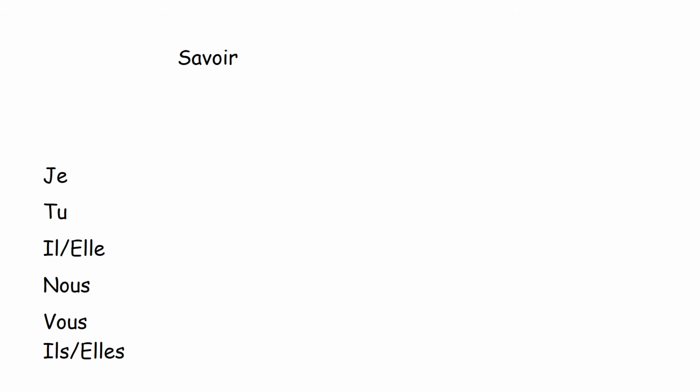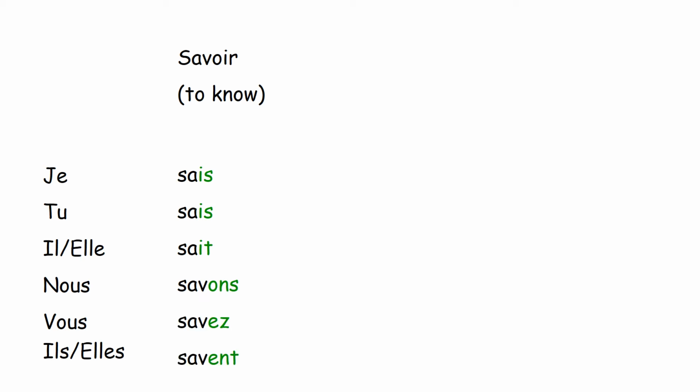So, the subject pronouns are given: je, tu, il, elle, nous, vous, ils, elles plural, and the savoir verb, the meaning is to know. The conjugation would be je sais, tu sais, il or elle sait, nous savons, vous savez, ils or elles savent. Now, devoir will be similar, but not exactly.